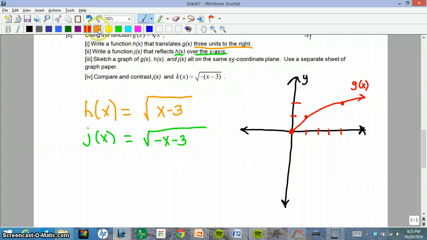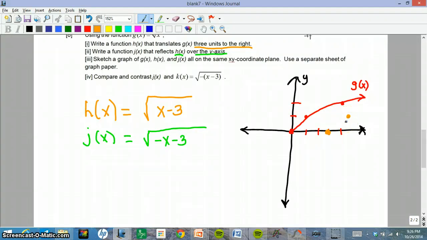On the same coordinate plane, graph h of x. So 3 to the right. Well, just like before, we take this ordered pair. 0, 0, 3 to the right is now 3, 0. 1, 1, 3 to the right, 1, 2, 3 is now 4, 1.